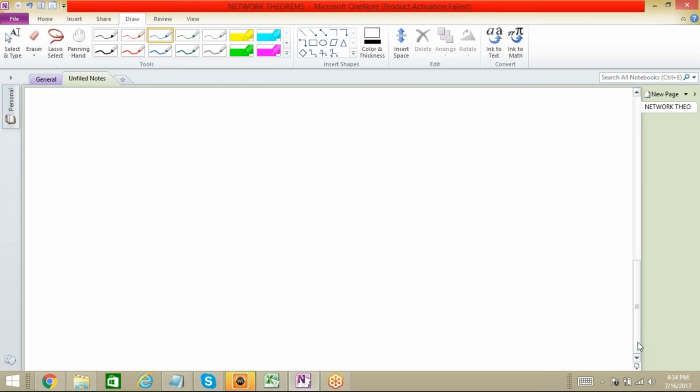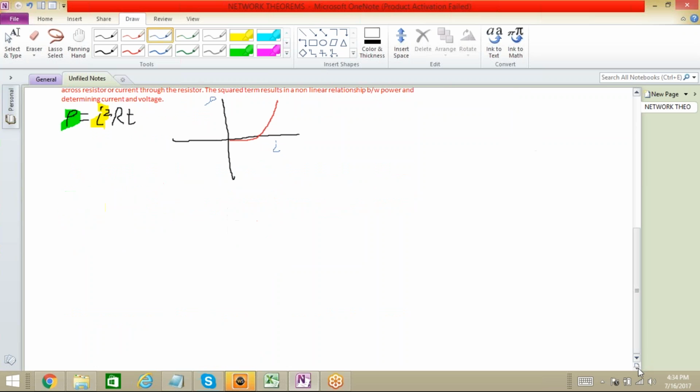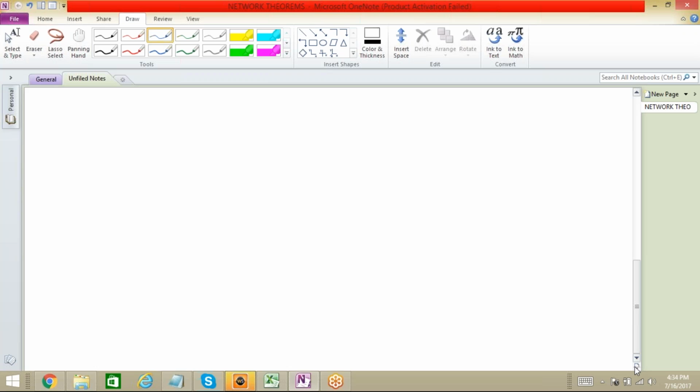So let's go ahead. Let's say I have a circuit here. I'm just going to draw a small circuit, and we will try to apply the superposition theorem to solve this particular network circuit.